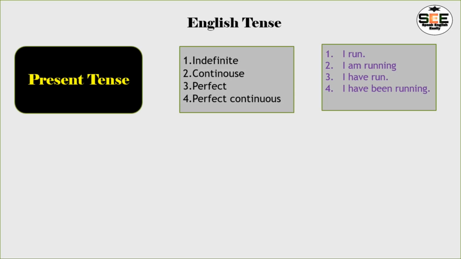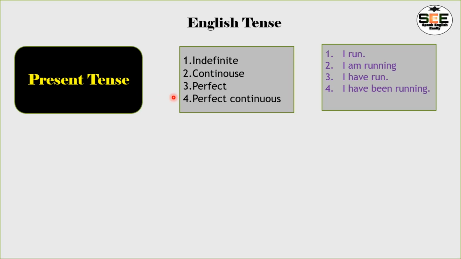If we look at present tense, there are four subtenses: present indefinite, present continuous, present perfect, and present perfect continuous. If we see examples, it will be very clear for us. Present indefinite: I run. Present continuous: I am running.